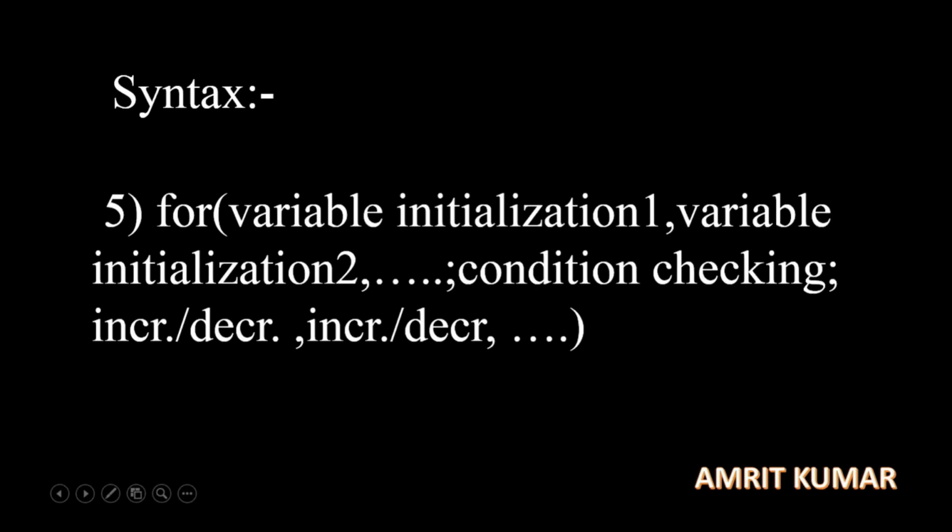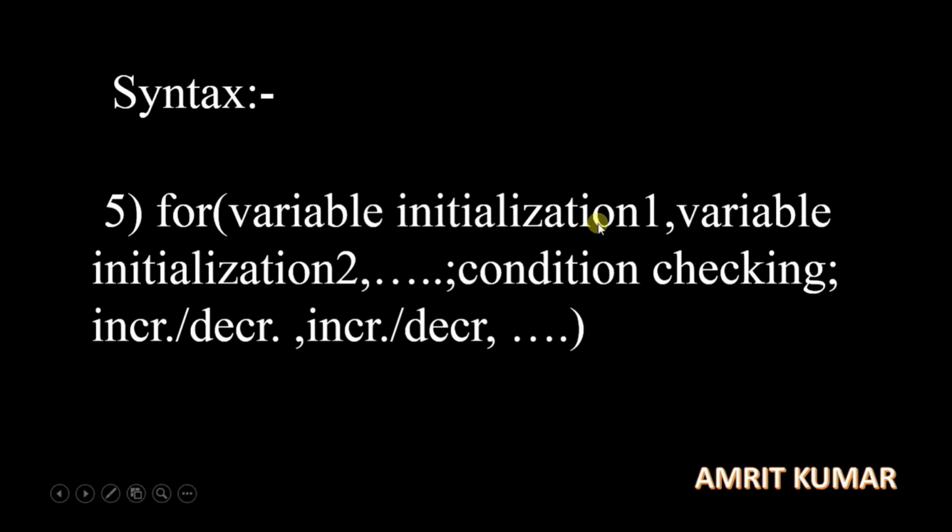Now this is, actually we can say, the double variable initialization, condition checking, and double increment and decrement in the for loop. That is how we can initialize. Let's look at for, parenthesis opens and closes here. You can initialize a variable here, and condition checking, and also an increment decrement operator.